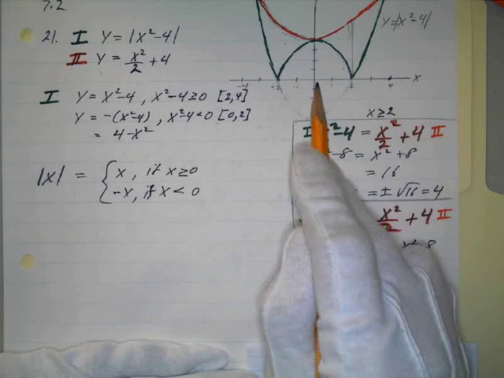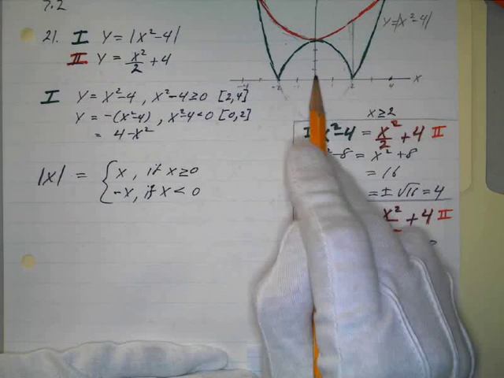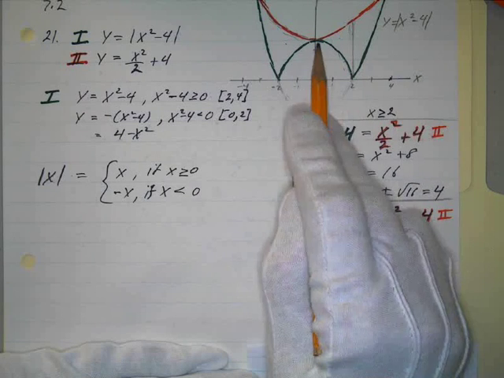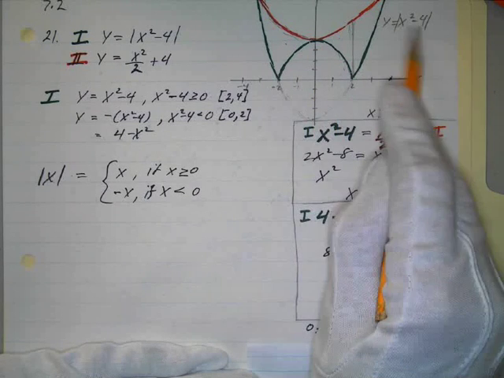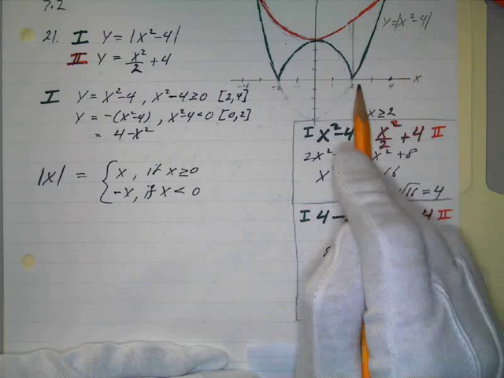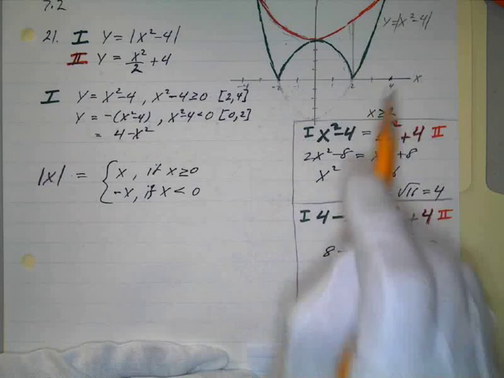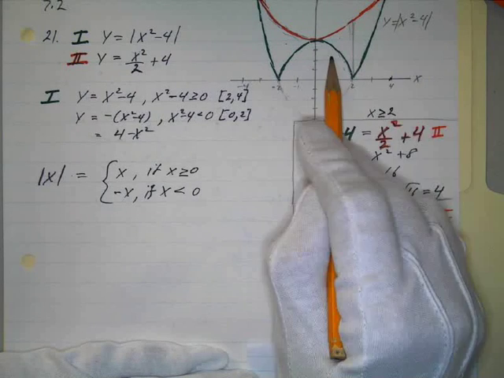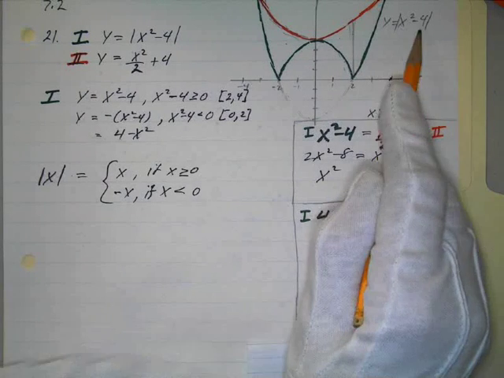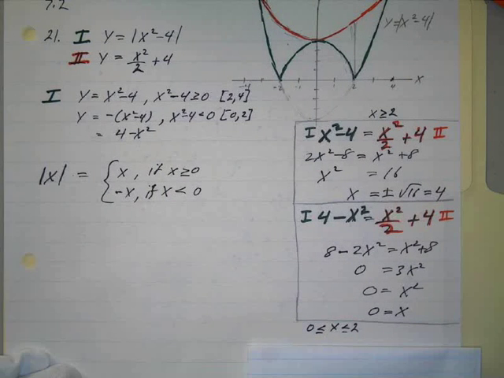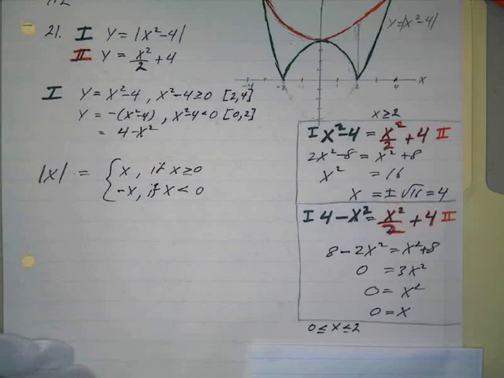But I'm going to have to integrate this region from 0 to 2, because that's where I have this form, 4 minus x squared, and then from 2 to 4, where I have the other form. So I have different forms of the absolute value of x squared minus 4, these two forms. So I set up the integral. There's a bit of work to do as far as calculation, so we'll go over that.